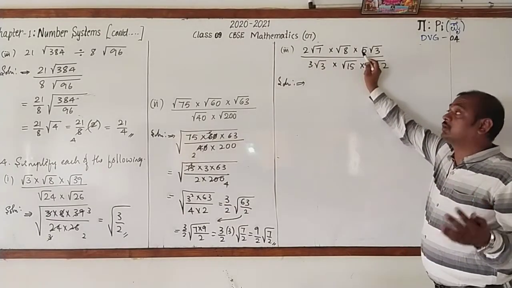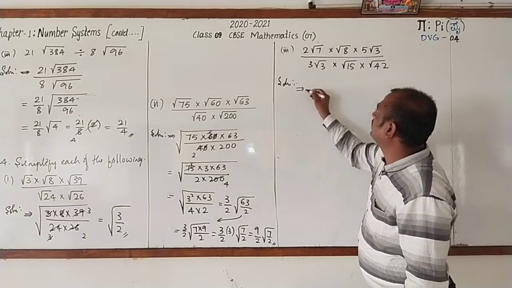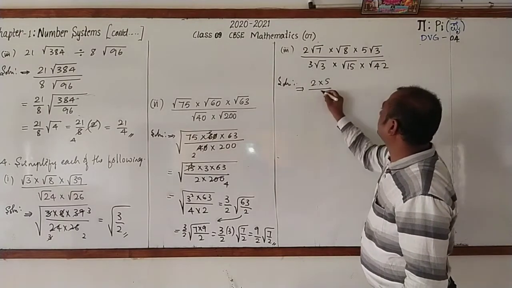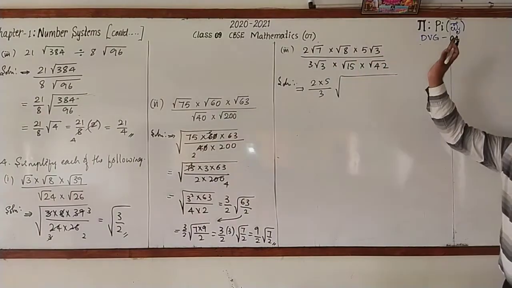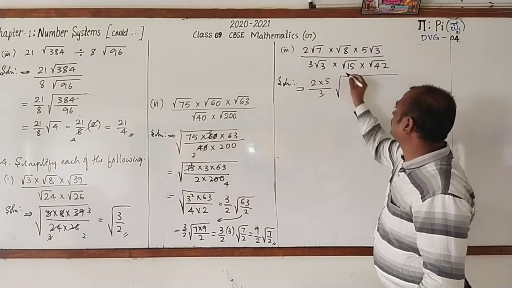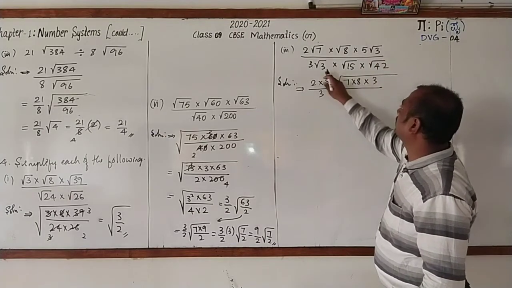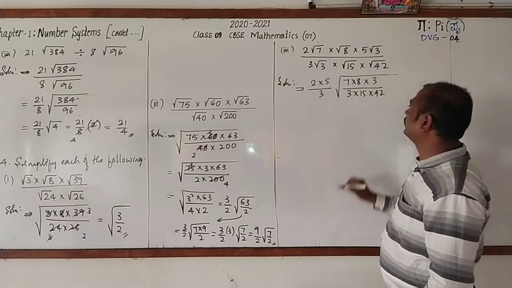You can write them separately. I'll write like this: 2 into 5 by 3 in the denominator, and the remaining are root numbers. Square root of 7 into 8 into 3 whole divided by 3 into 15 into 42.